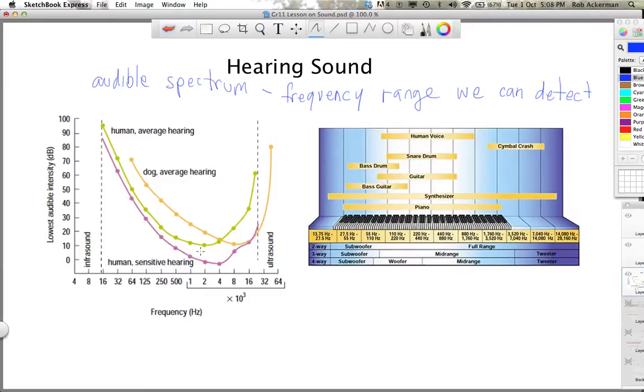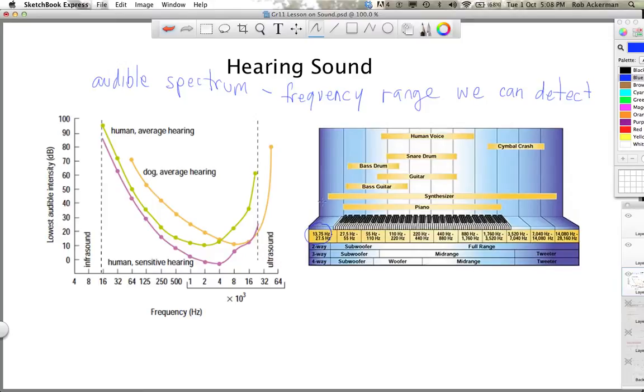In fact, looking at what's called the audible spectrum chart, I've borrowed this one from somewhere on a Google search. You see they show where a piano plays along here, where an electronic piano, a synthesizer can play, bass guitar, bass drum, regular guitar, the snare drum, the rasp of a snare drum, human voice, a high-pitched cymbal crash. You see the frequencies here.